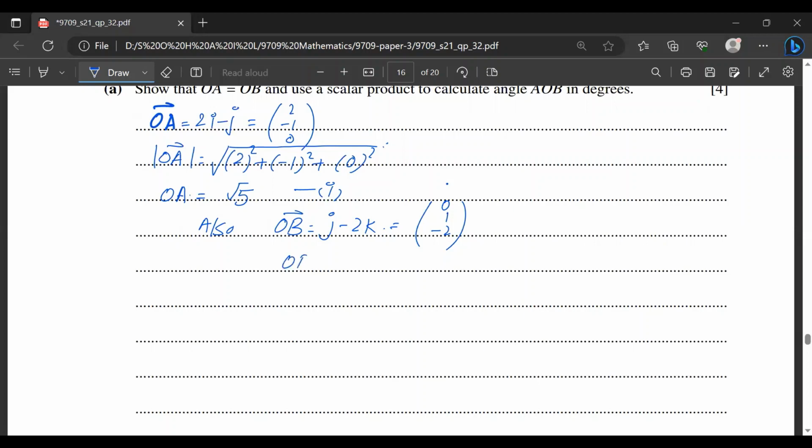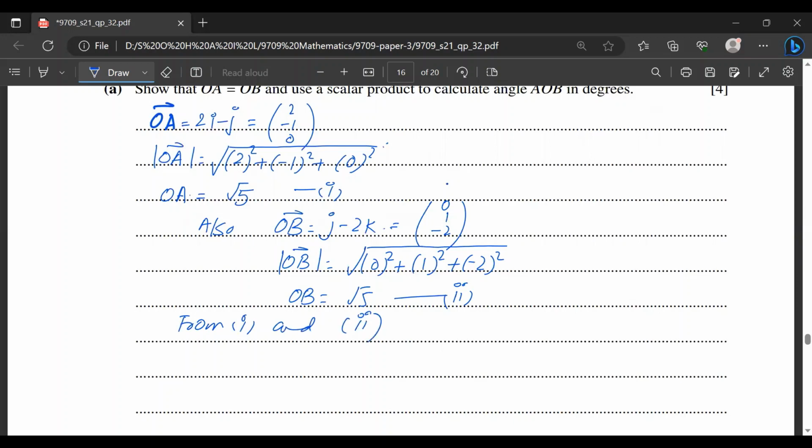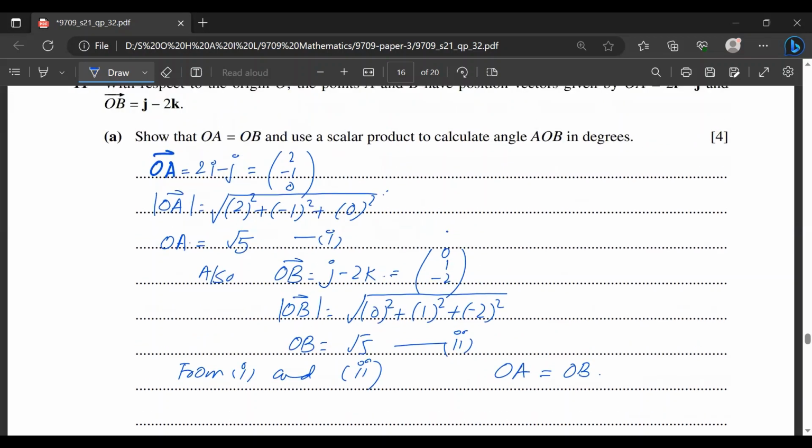So the magnitude of OB is the square root of 0 squared plus 1 squared plus minus 2 squared, which is 0 plus 1 plus 4, which is root 5. Number 2. So you can say that from 1 and 2, the OA length is equal to the OB length, the first part.